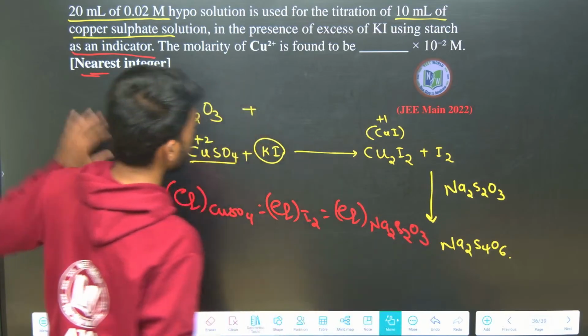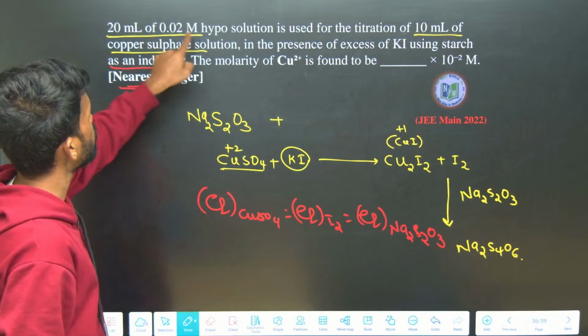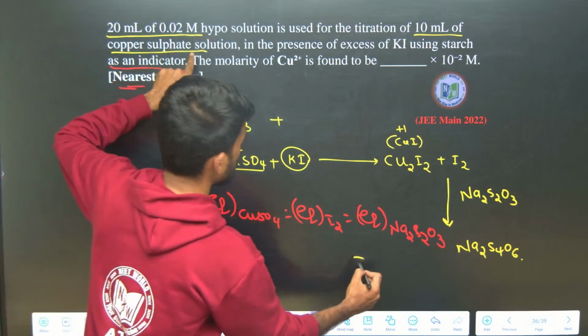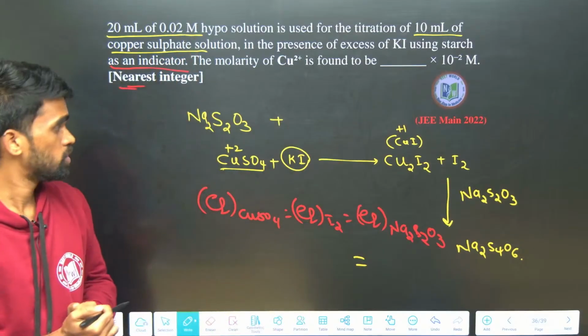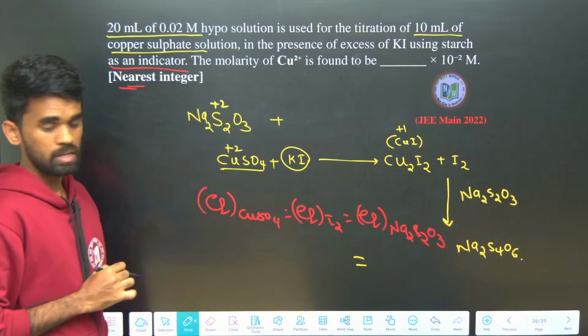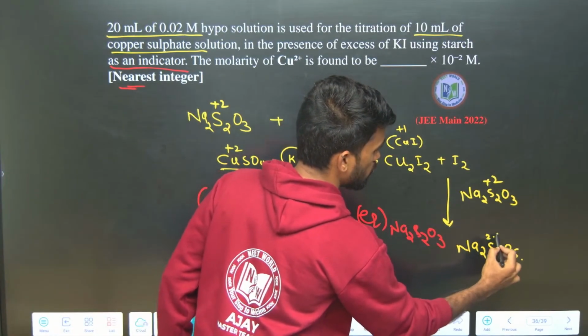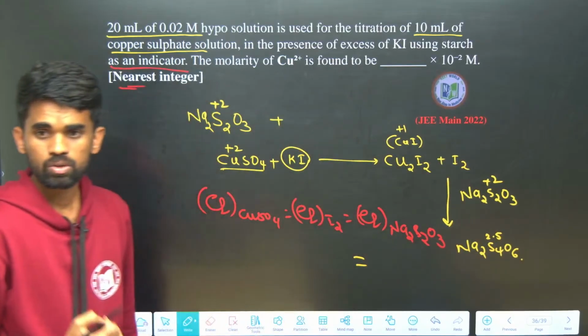Na2S2O3. So simply, what they are asking: 20 ml of hypo is given, having concentration 0.02. In hypo, the oxidation state plus 2 is converting into 2.5. What is the change in oxidation state? 2 to 2.5.